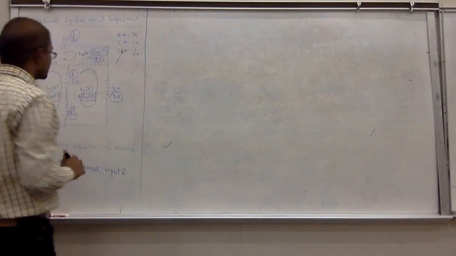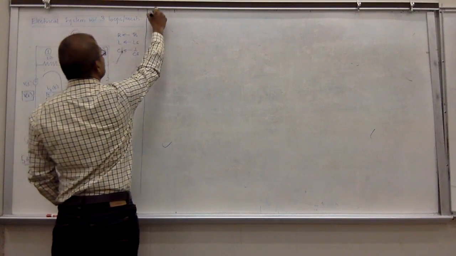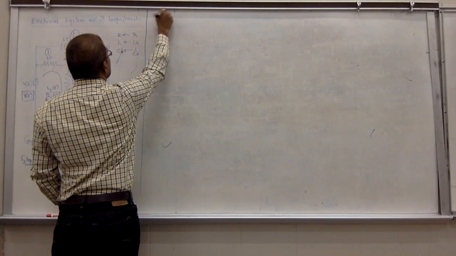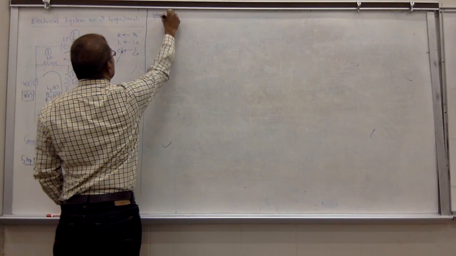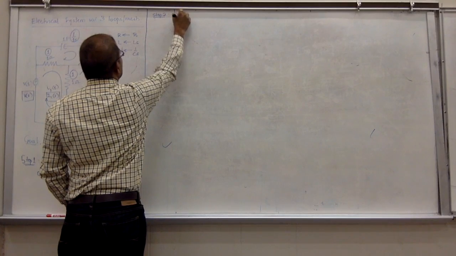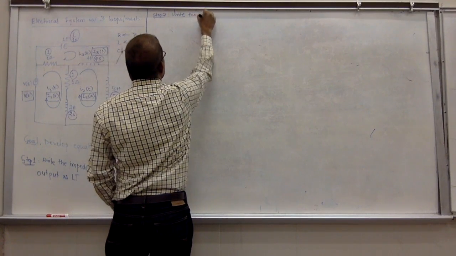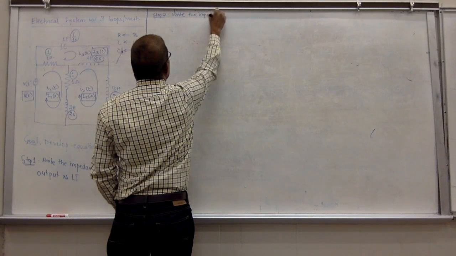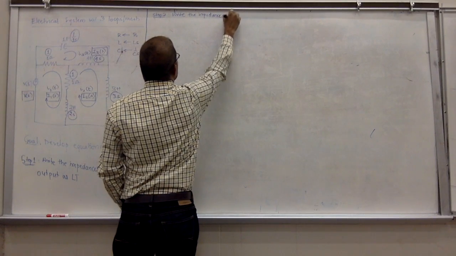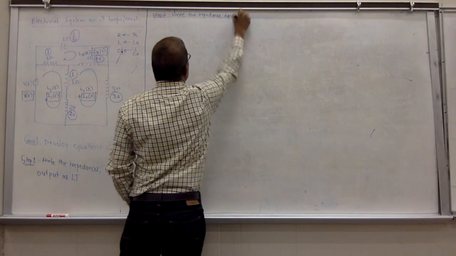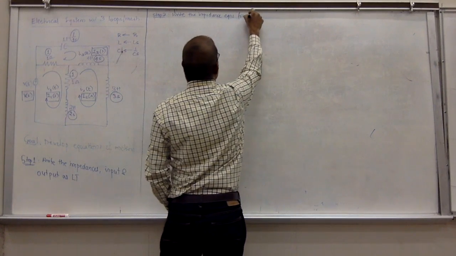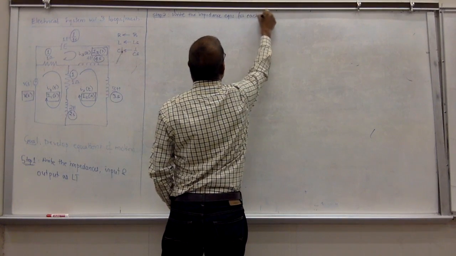Now, once you've done this, step 2. Write the impedance equation for each loop.